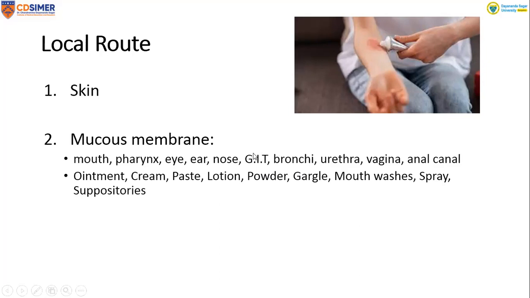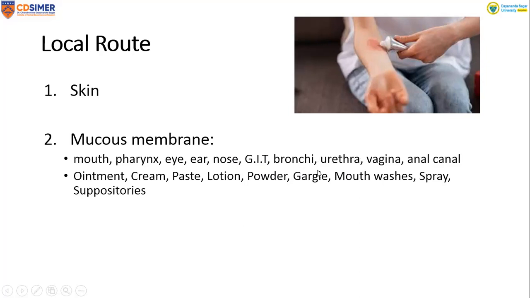So one is that we give general anesthetic, which is a systemic route of administration, but we can treat bronchial asthma and chronic obstructive pulmonary disease with local administration of spray or inhalation route, with ipratropium bromide, and we have corticosteroids, budesonide, so many corticosteroids are there, so we can give through inhalation route.